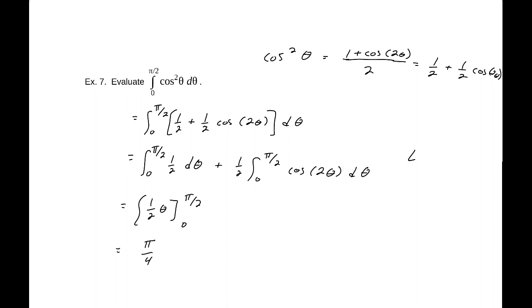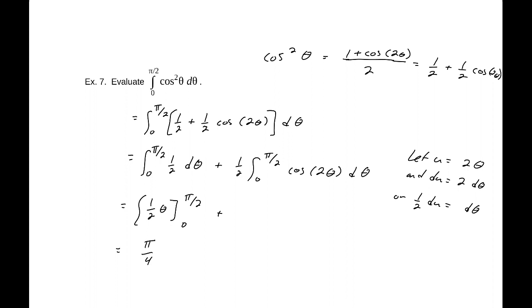For the second, we want to let u equal 2 theta, which means du is 2 d theta, or 1/2 du equals d theta. So this actually gets a U substitution.